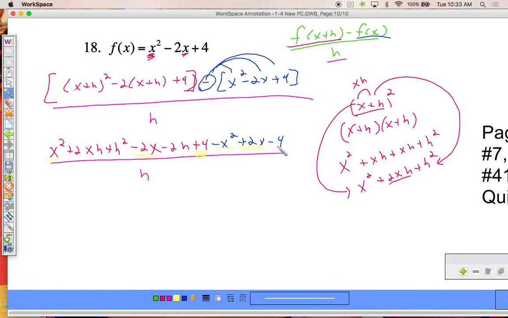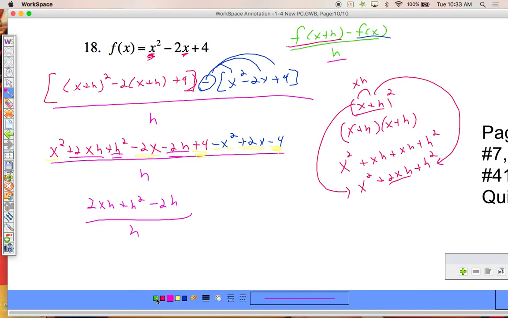Positive 4, negative 4, gone. So I'm left with 2xh plus h squared minus 2h all over h. If it has an h in it, it's not going to disappear. If it doesn't, it's got to go.